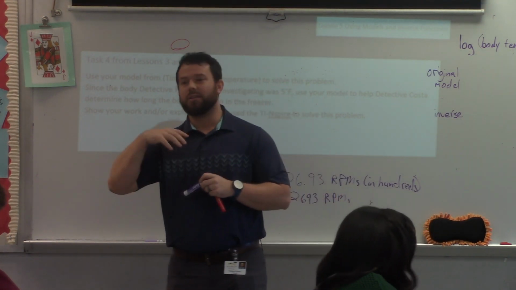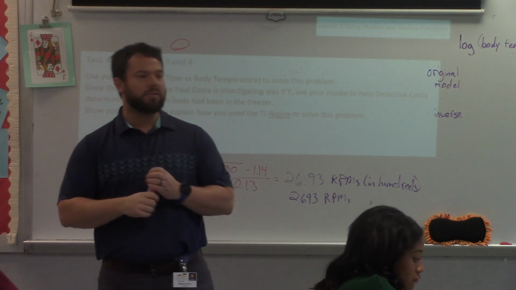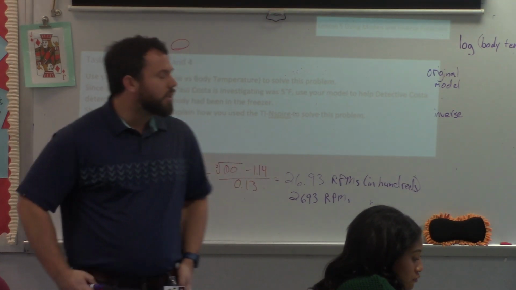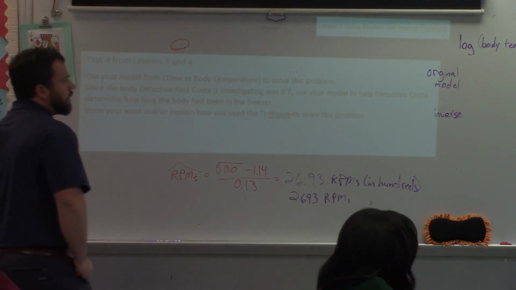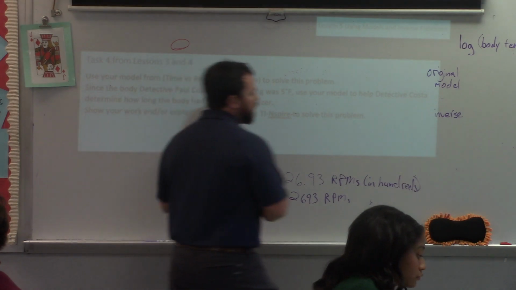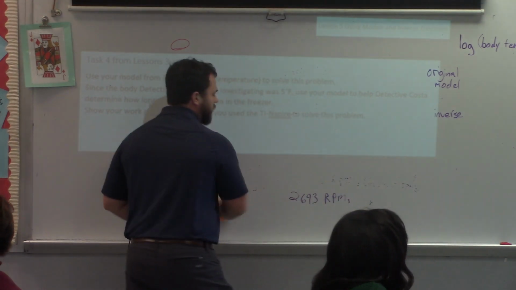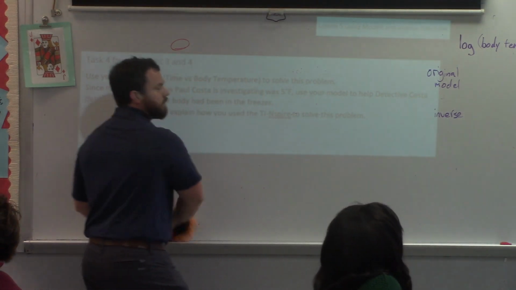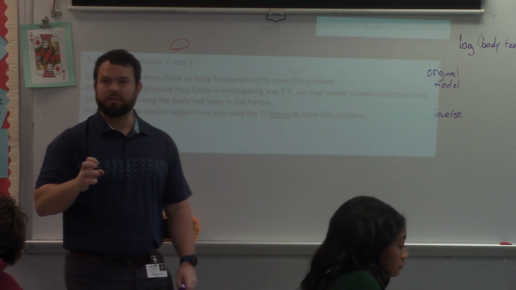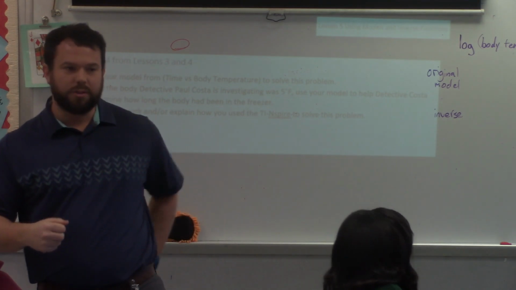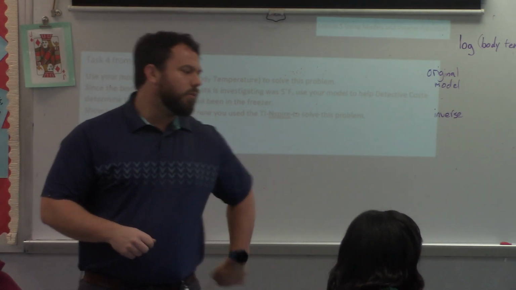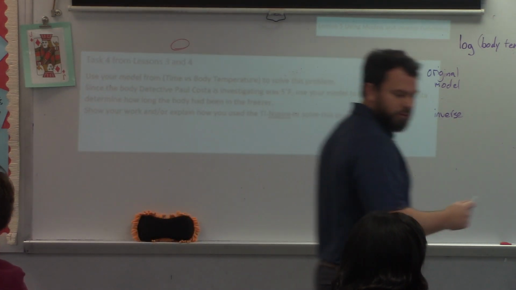Just again, trying to make sure we're comfortable with finding those different equations. Work with your small groups to find the equation for the original model, what the body temperature would equal, and for the inverse, what the time would equal. So we'll start there, and we'll come back together in a few minutes, because we've done this a few times now. Work with each other, help each other grow and learn, and then we'll do the actual problem afterwards. Okay?